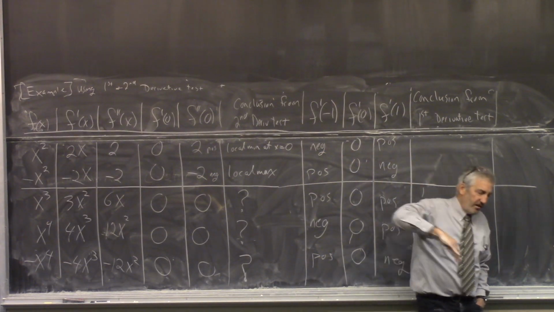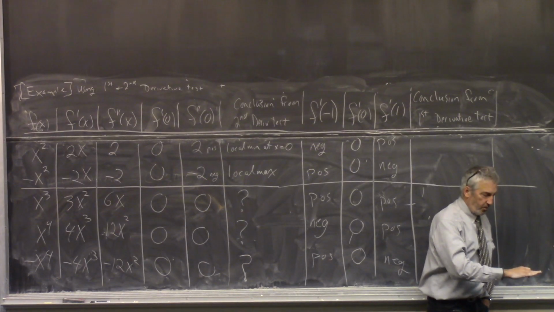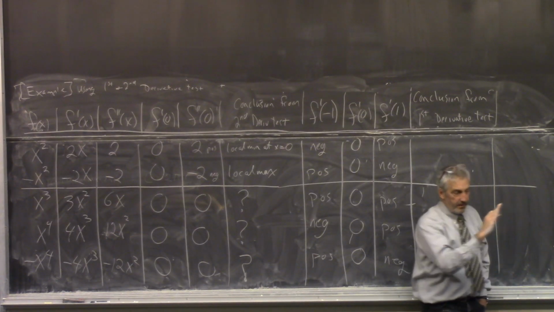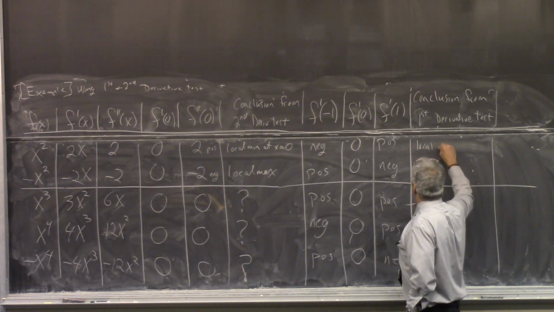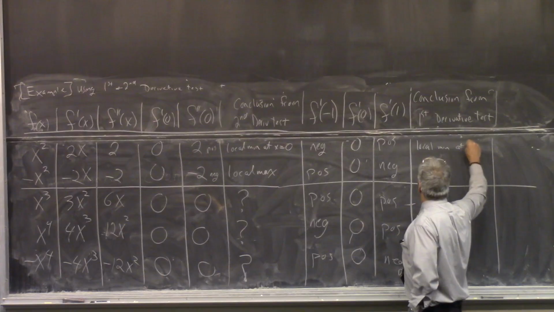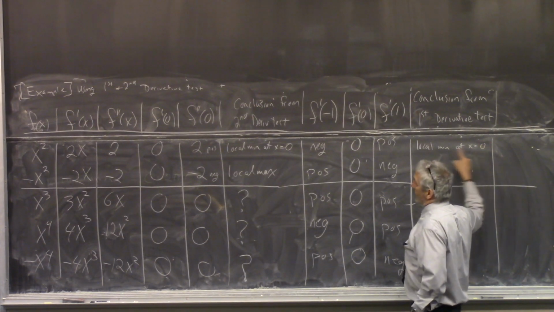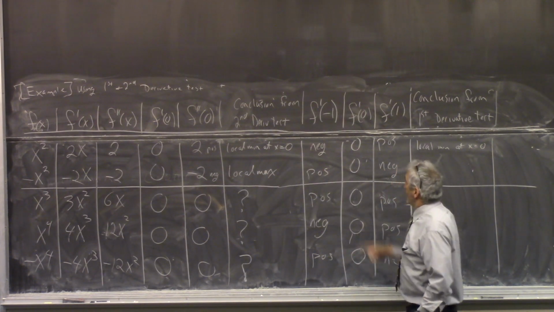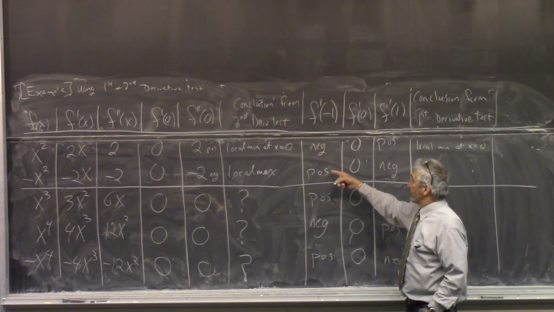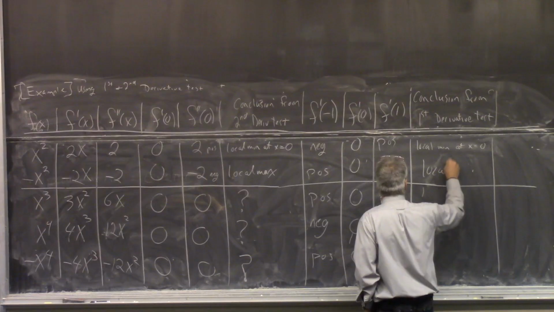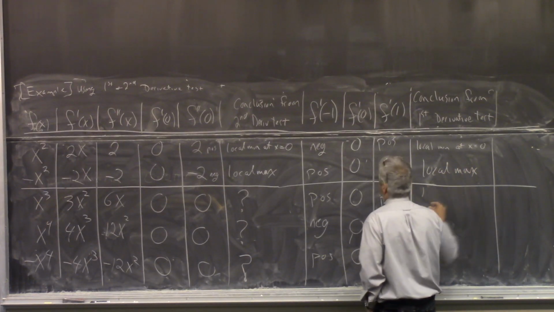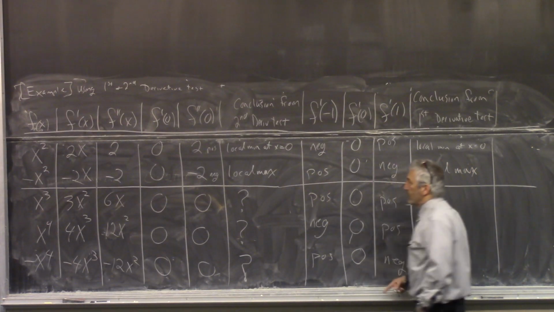So the function changes from decreasing to horizontal tangent line to increasing. So there's a local min at x equals 0. Well, we already knew that. In this case, the first derivative changes from positive to 0 to negative. So there's a local max. Again, we already knew that.